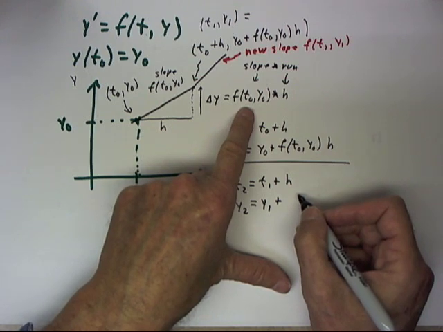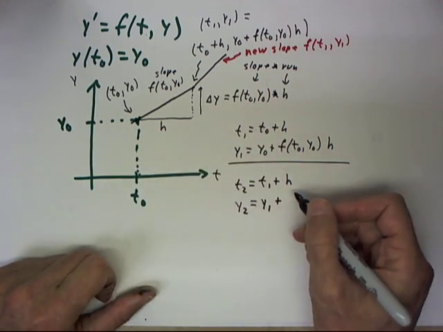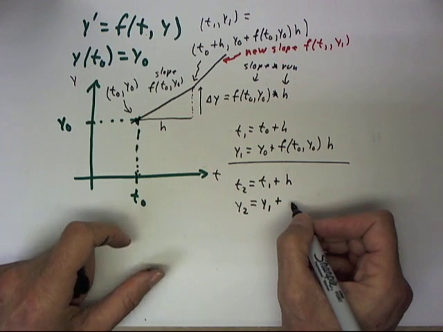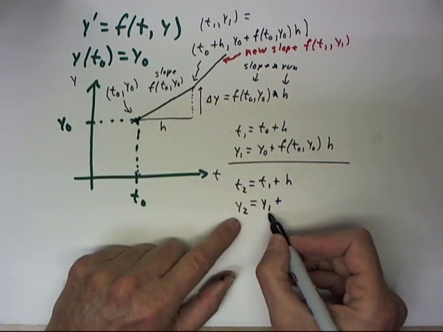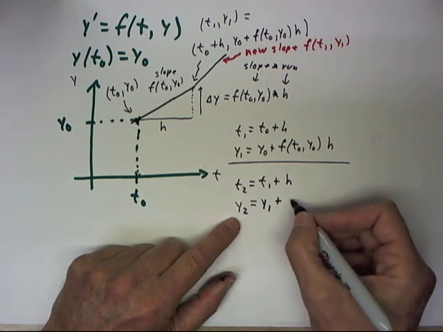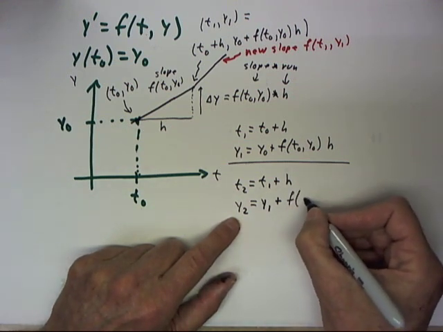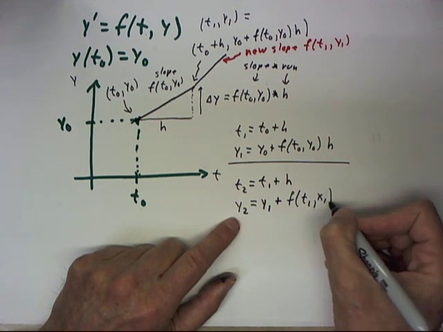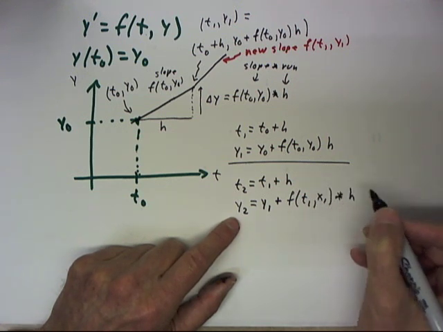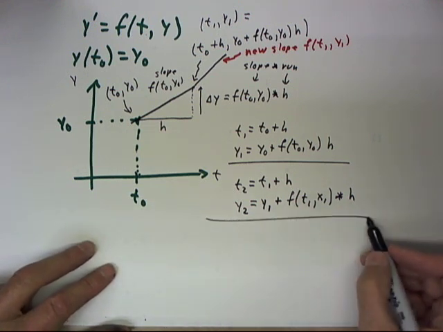The product of the slope and h. The rise equals the slope times the run h. So it's going to be y2 equals y1 plus the rise. The rise is f of t1, y1 multiplied by h.